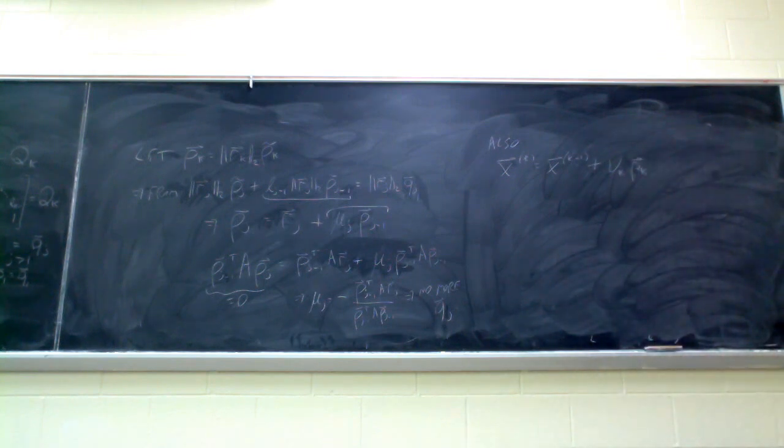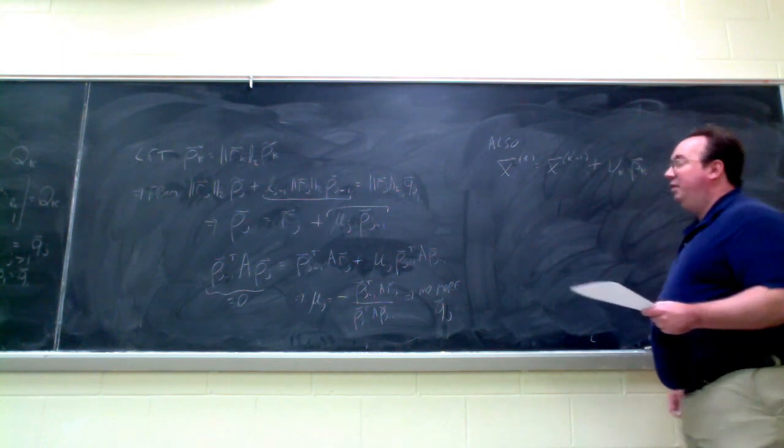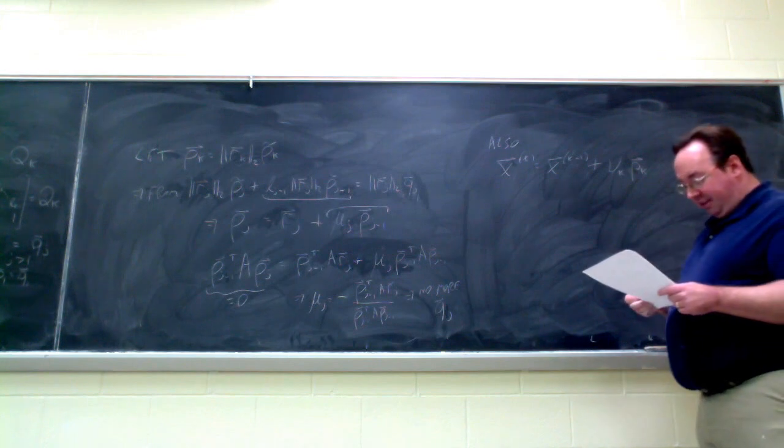So we have some scaling factor there, which I'm labeling as nu k. I can obtain that in the same way that I obtained mu over there, enforcing A orthogonality.